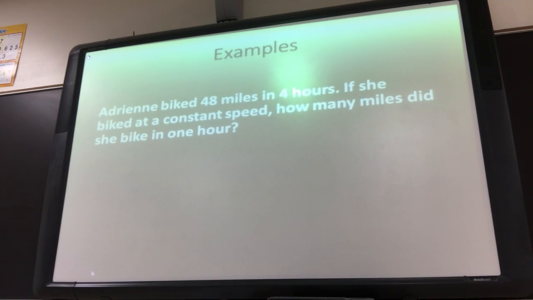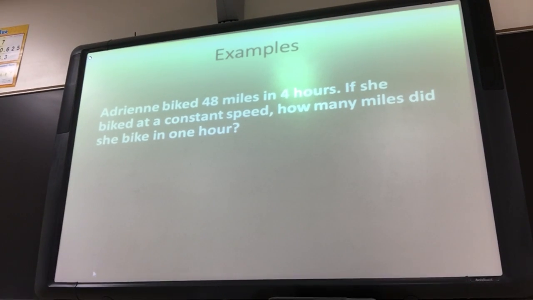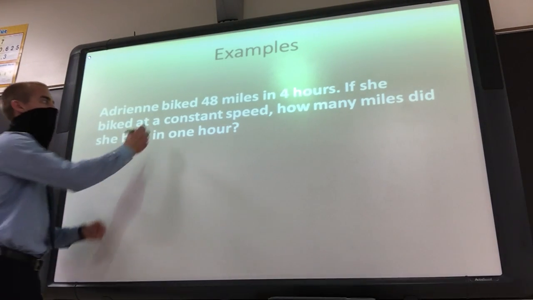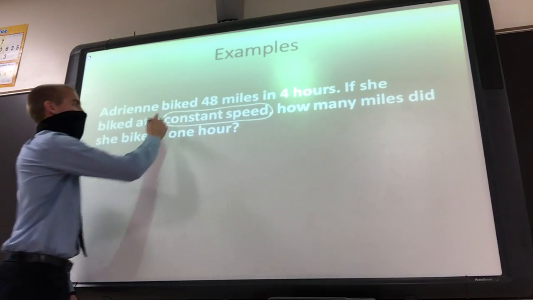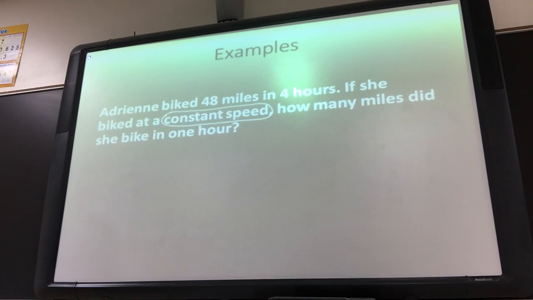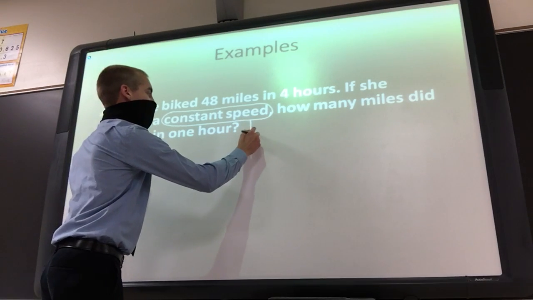Adrian biked 48 miles in 4 hours. If she biked at a constant speed, how many miles did she bike in 1 hour? First thing, you're going to see the word constant a lot in math, or constant speed, constant rate, something like that. Constant speed means it is not changing.